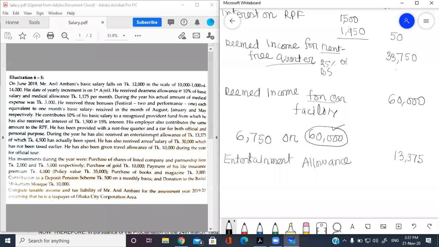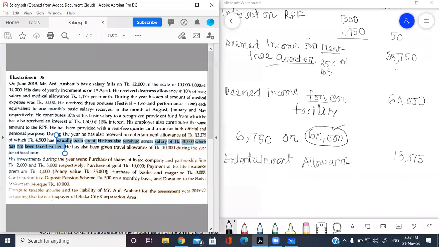He has also received an arrears salary of 30,000, which has not been taxed earlier. So what does it mean? That means in the previous income year, he received some salary, but for some reason, we don't know what, he didn't show that income in the computation of his taxable income from salary.